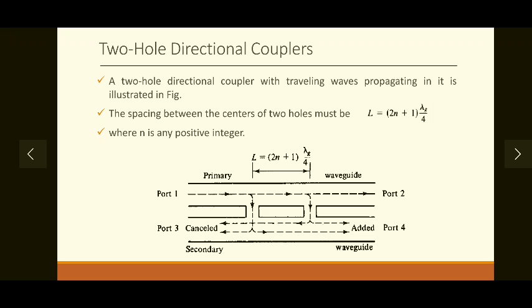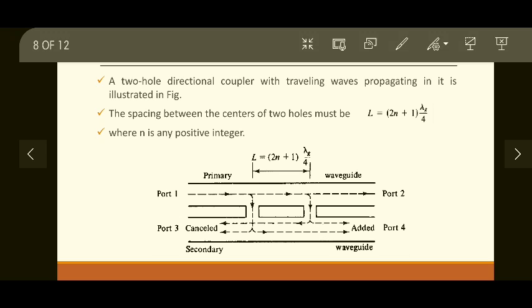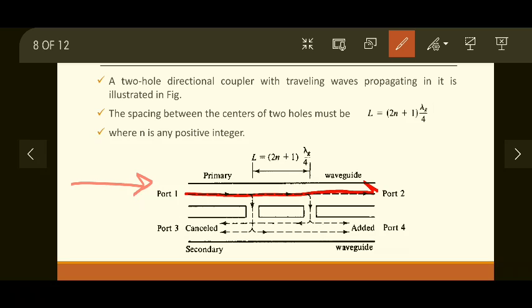In a two-hole directional coupler, with traveling waves propagating in it as illustrated in the figure, let's assume we are applying a signal or wave at port 1. It will travel along the primary waveguide and arrive at port 2. So the power available at port 2 will be Pt, which will be equal to Pi.